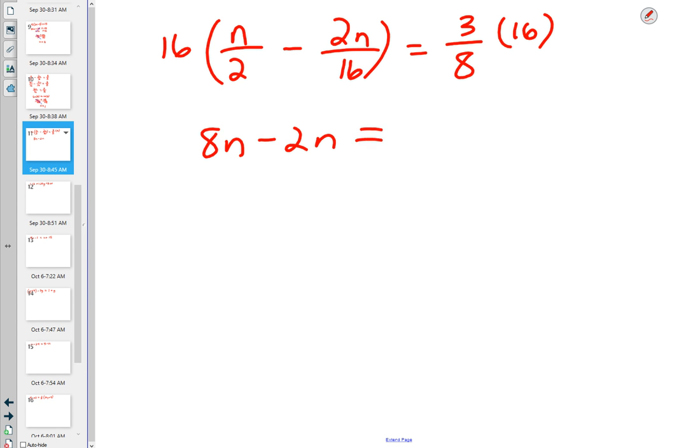On the other side, 3 times 16 is 48 divided by 8 is, remember this is 16 over 1, 48 divided by 8 is 6. 8n minus 2n is 6n. So the same way we did the last time, we still get 1. Two different ways, same solution.